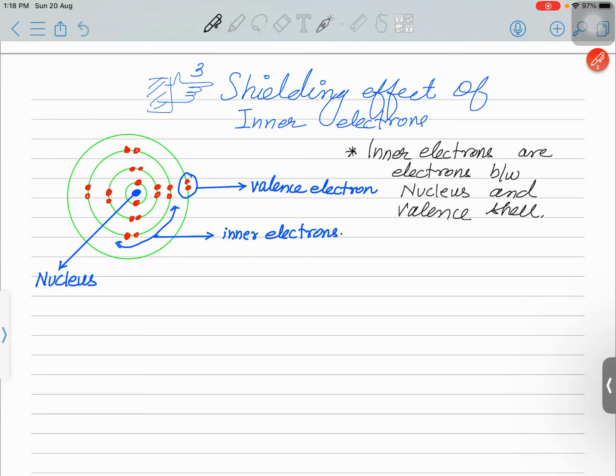Now, do inner electrons increase or decrease the nuclear attraction? We all know that valence electrons are attracted by the nucleus, and ionization energy means removal of a valence electron. My question is, what is the role of inner electrons? Do they increase or decrease the nuclear attraction?